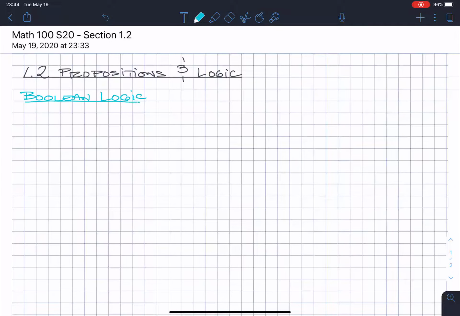So this is, I'm kind of defining this. This type of logic combines two statements, A and B or more.